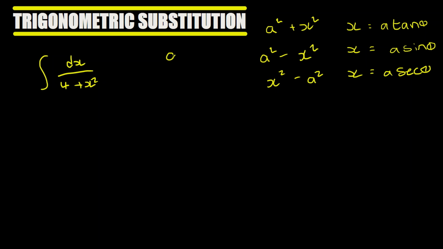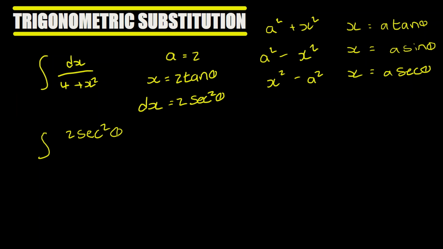So we can define a as 2 and x as 2 multiplied by tan theta. We can then find the derivative of x, which is dx, where we have 2 multiplied by sec squared theta. Now that we have dx and x, we can substitute it into our equation.